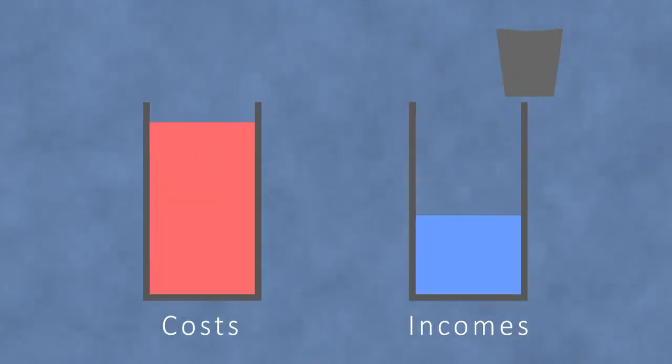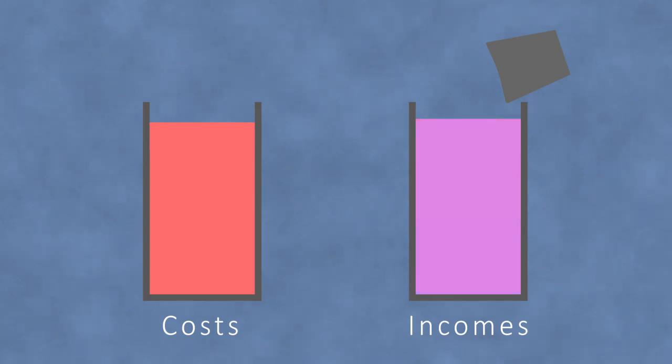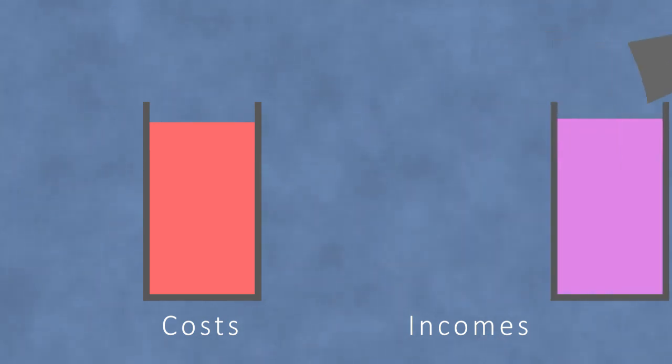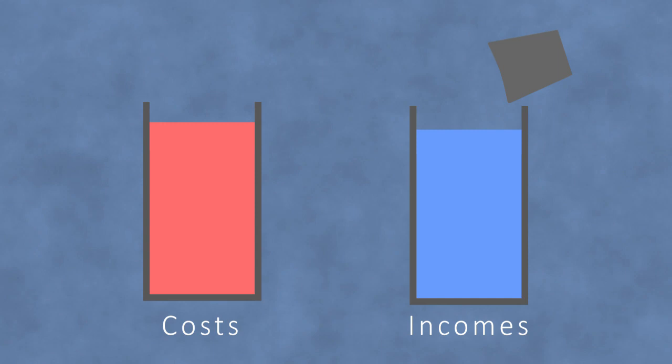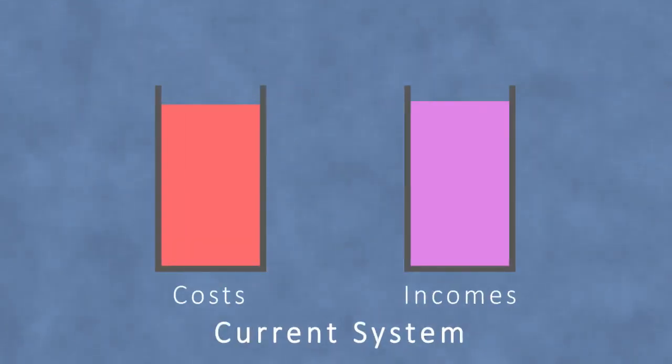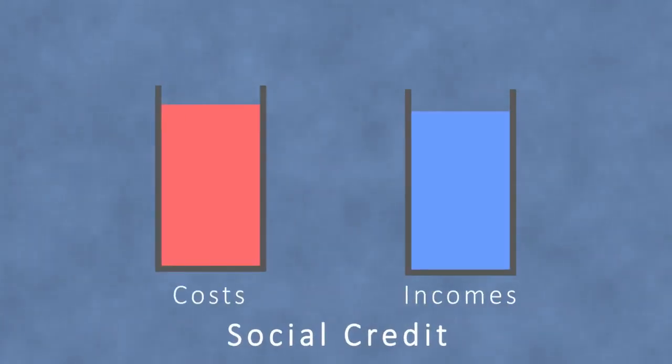In theory, the price-income gap can be filled either with additional debt money borrowed into existence from the private banks and issued for additional production or directly to consumers as loans, or it can be filled via the issuance of new credit, free of debt or the necessity of repayment, by some organ of the state to consumers or on their behalf. The present economic system makes use of the first course of action. Social credit recommends the second.